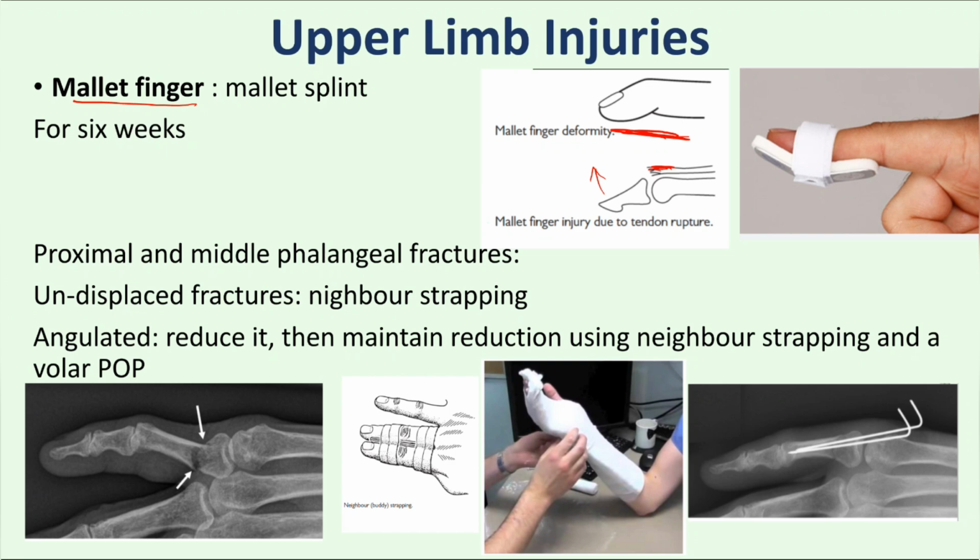When this tendon is damaged or torn, the fingertip drops and can't be actively extended, causing the characteristic mallet shape. So the treatment is putting the finger in a mallet splint for 6 weeks. You must not remove this at any time, then the patient will improve.